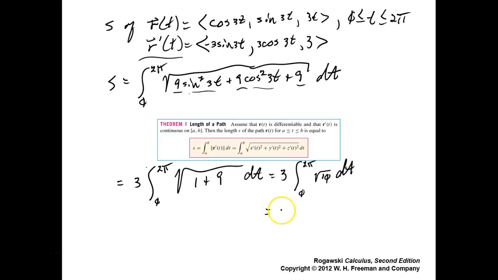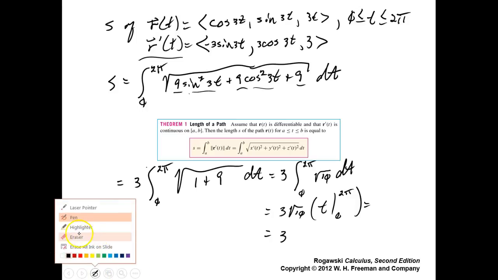And that would be, you could factor out the root 10, and that would be t evaluated between 0 and 2 pi, which would be 2 pi, so this would be 6 pi.